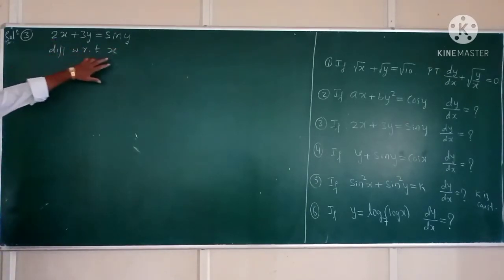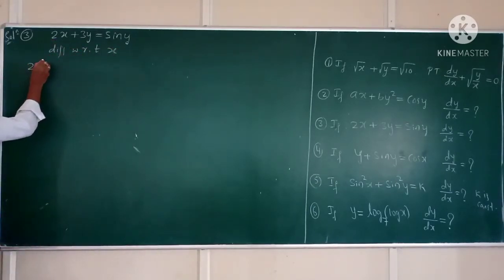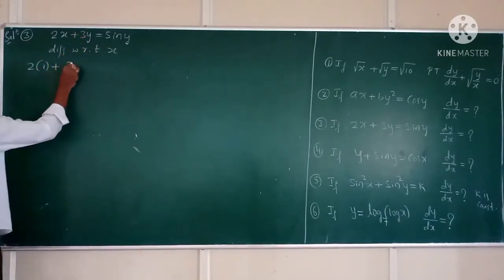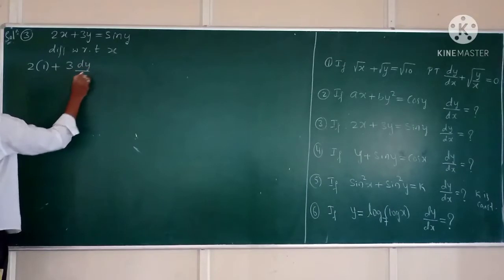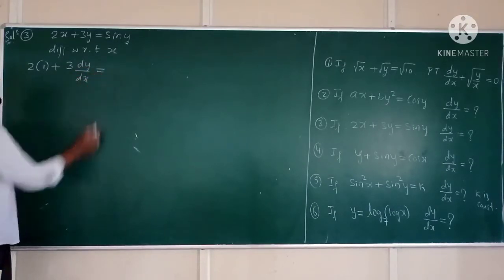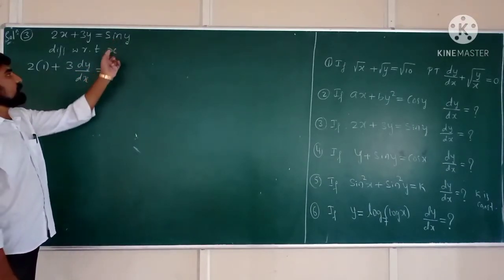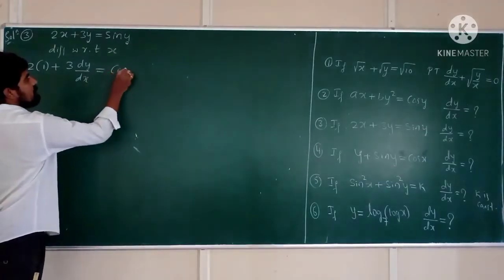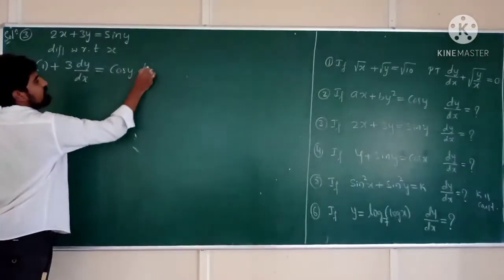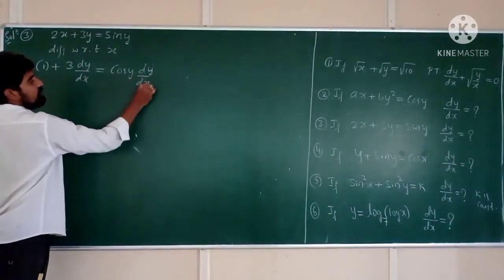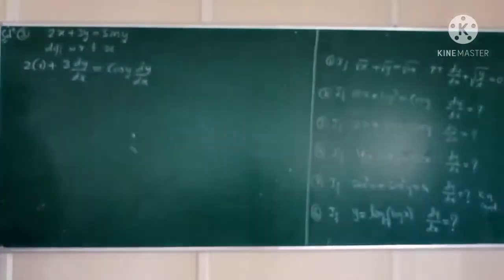So the derivative of 2x with respect to x is 2 into 1, plus the derivative of 3y is 3 into dy by dx, which is equal to the derivative of sin y with respect to x, which is cos y, then y with respect to x is dy by dx. I hope all of you understand.